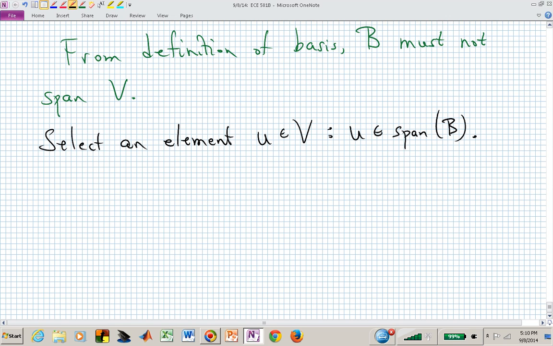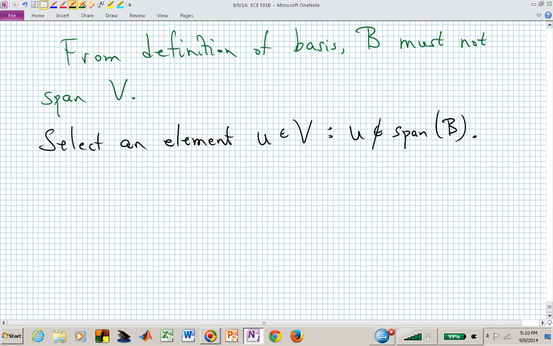Let's say I've given you the x direction, the y direction, but I haven't given you z. So now select a U that maybe has a non-zero z coordinate. It could have x's and y's in it, but I don't want it to be in the span of B. So now U, we want it to be in the vector space, but we also want it to be outside the span of B.